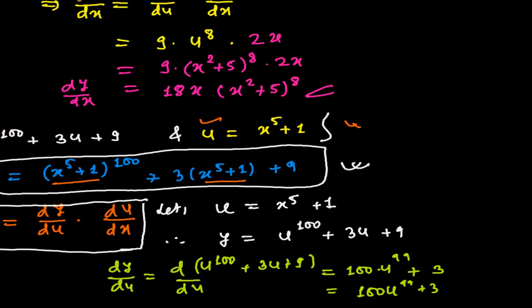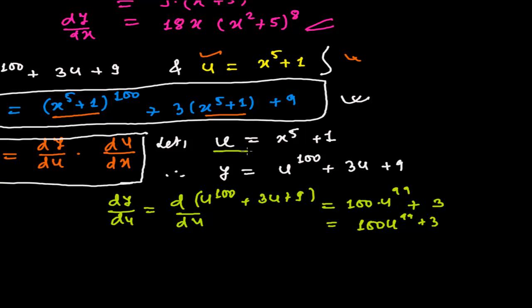One thing we got. Now we need to work on another function, u. So let's first find out the derivative of this function u with respect to x. Because here y is a function of variable u, and here u is a function of variable x. So that's why, when I was finding the derivative of y, I found it with respect to u, and when I find the derivative of u with respect to x, x is now the variable.